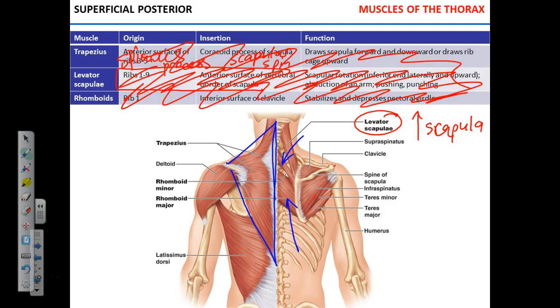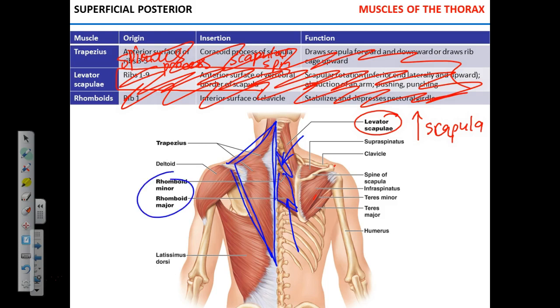Does that make sense? So it elevates the scapula and moves the scapula medially and posteriorly. Okay. Rhomboid also brings the scapula together like this. So it's an effort from both trapezius and rhomboid.